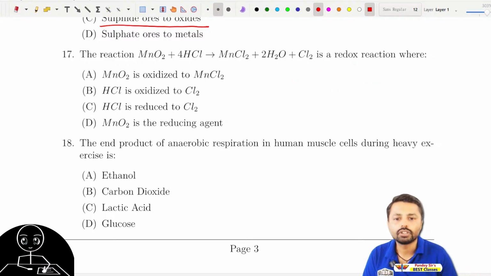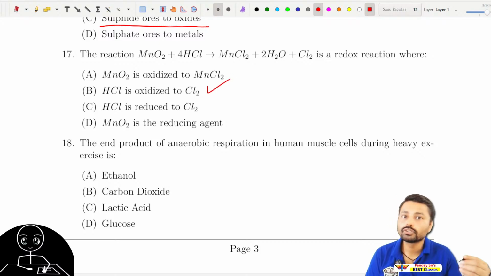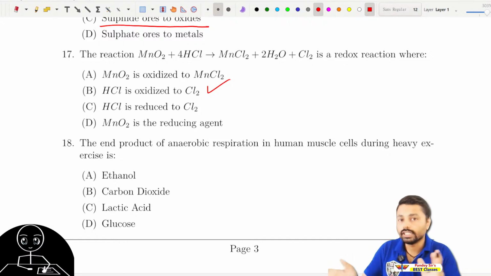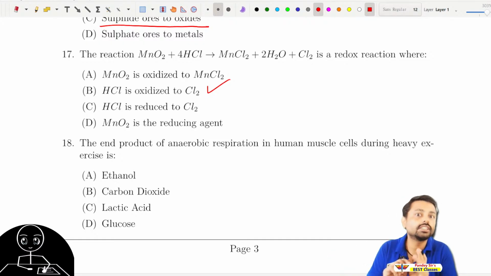So HCl is oxidized to Cl2. Hydrogen removed, that is oxidation. Got it? MnO2 is not oxidized, oxygen removed, so it was reduced. If hydrogen is removed, then it's not reduction. Hydrogen adding is reduction, so hydrogen removed is oxidation.